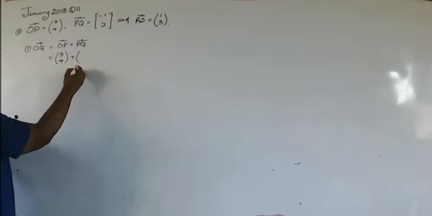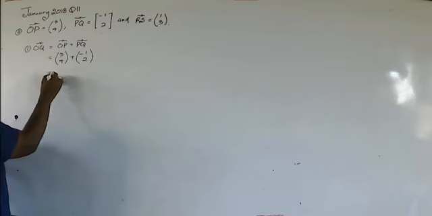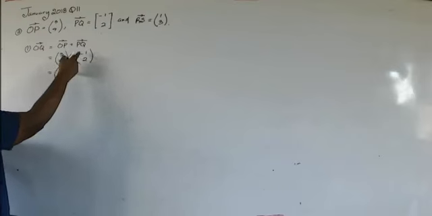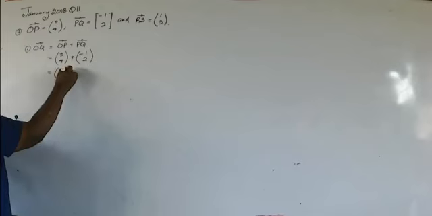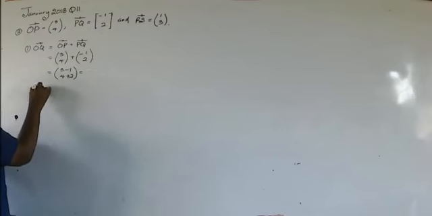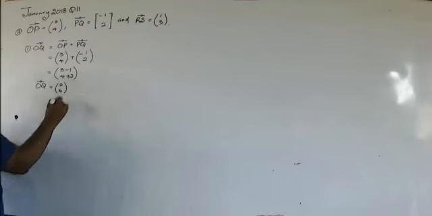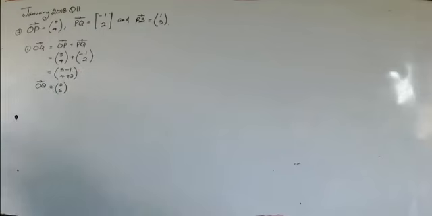What is PQ? -1, 2. So this is 3, and a positive times a negative is a negative, so -1. And this is 4 plus 2. Therefore, the vector OQ is 2, 6. Did you get this? Yes, sir. Very good.